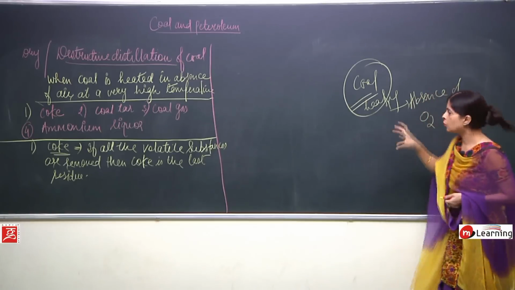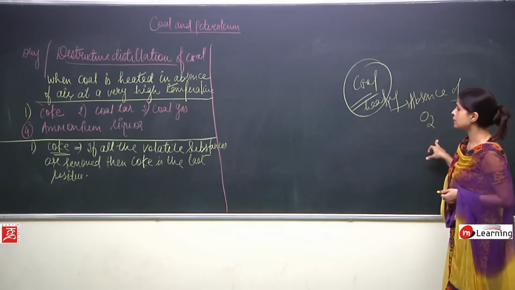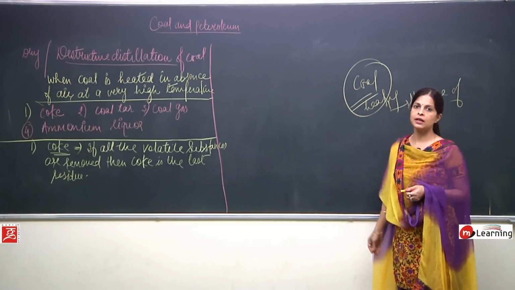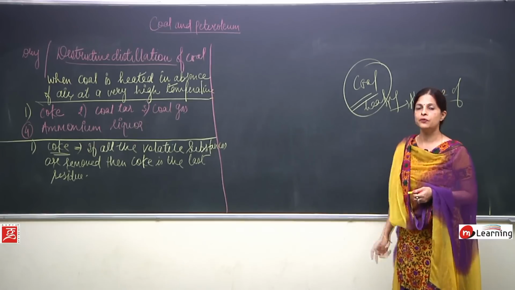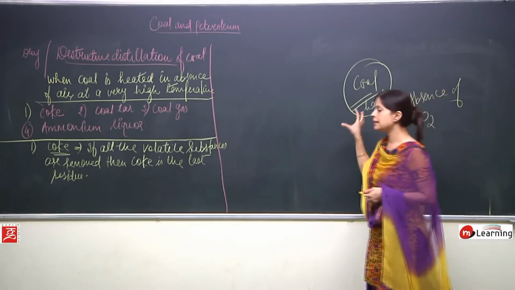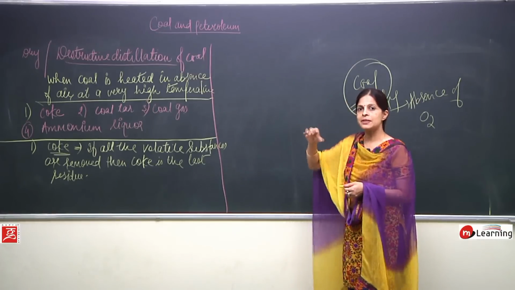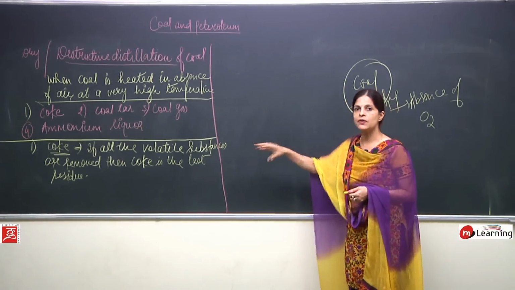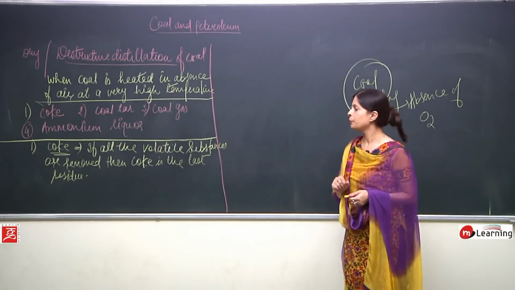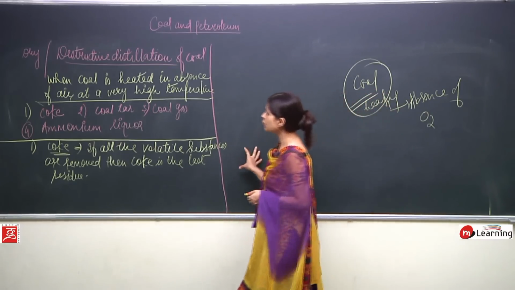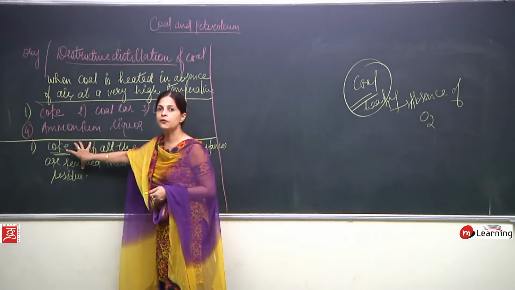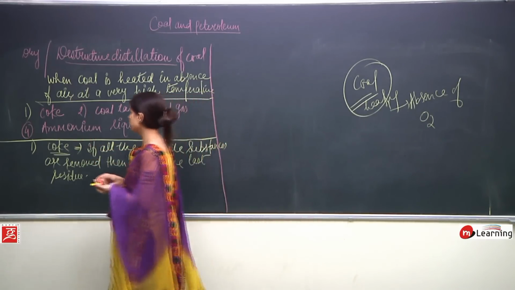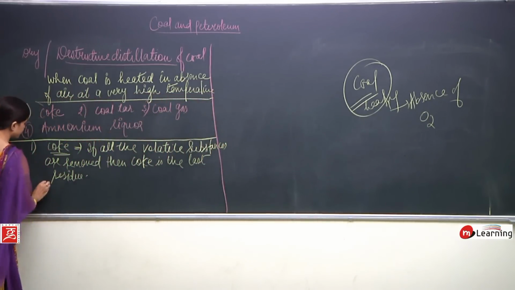When coal is heated in absence of oxygen, various things are formed. So we are discussing the first one. When this is done, there are many volatile substances formed, and after that the last one which is formed is coke. Now children, this one is a better fuel. I should write over here, this one is a better fuel.